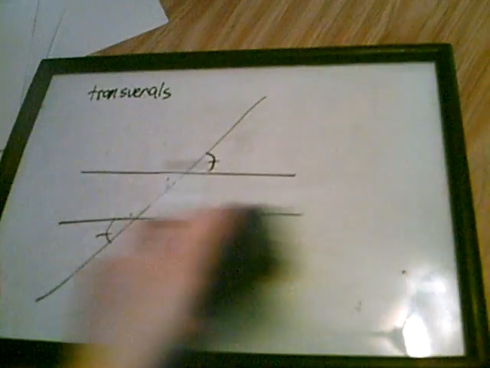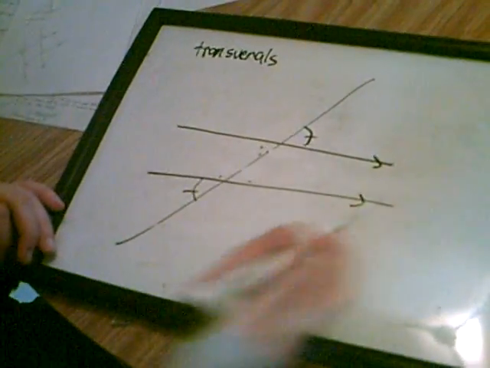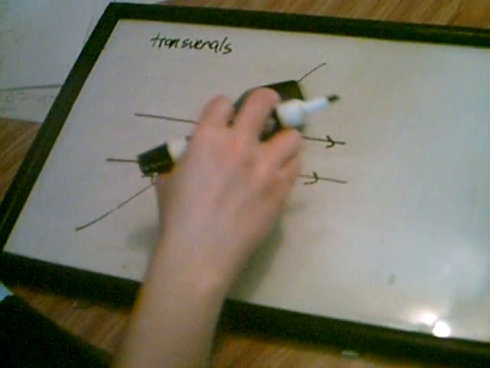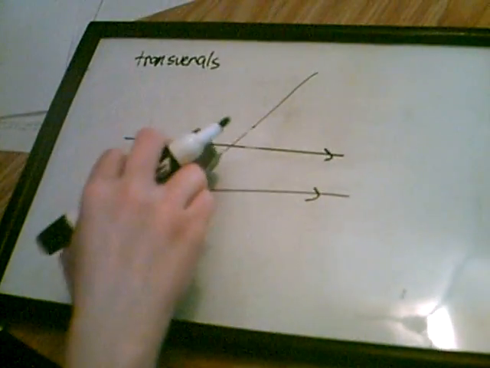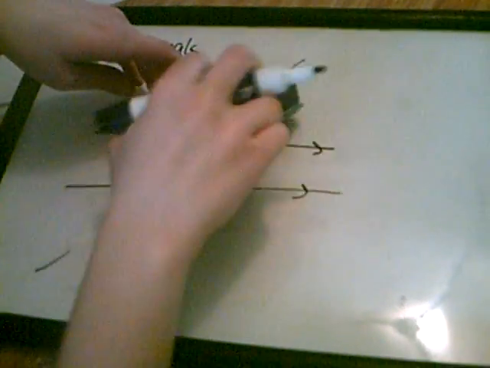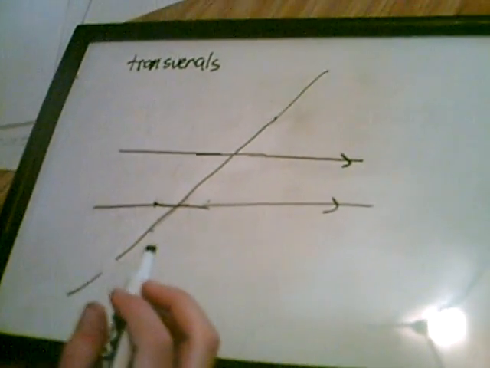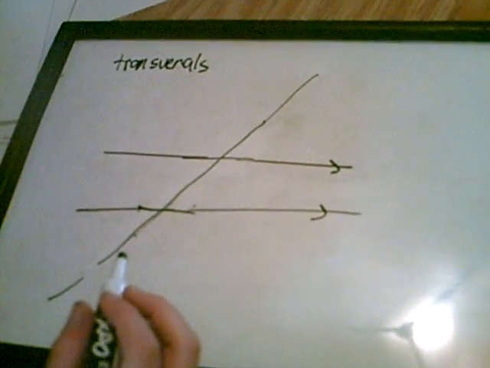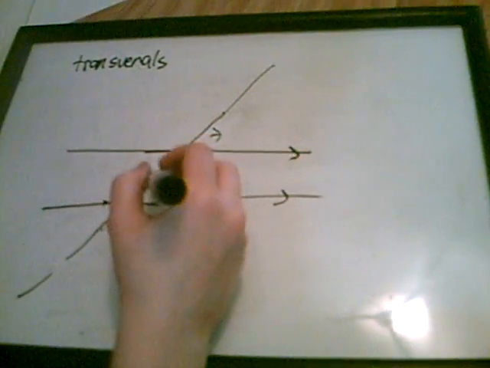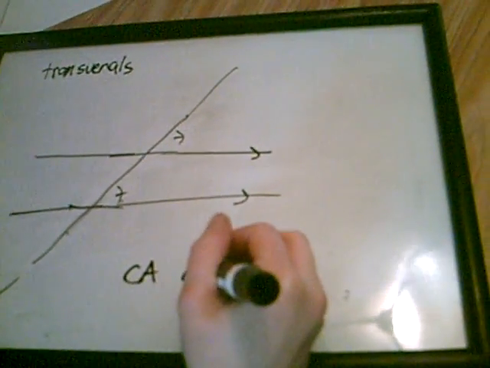Now, in the event that these lines are parallel lines, that means that there are some conjectures about those angles. So if I have corresponding angles, and these two lines are parallel, the corresponding angles are congruent.